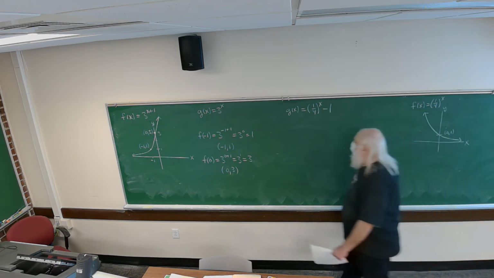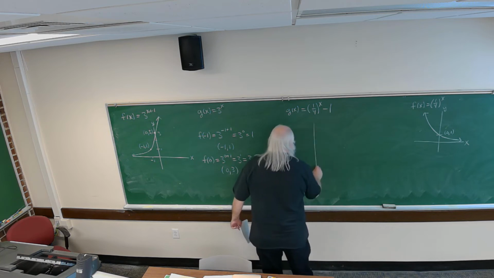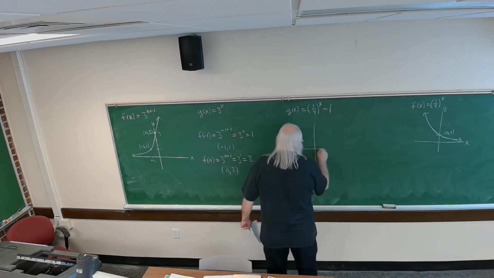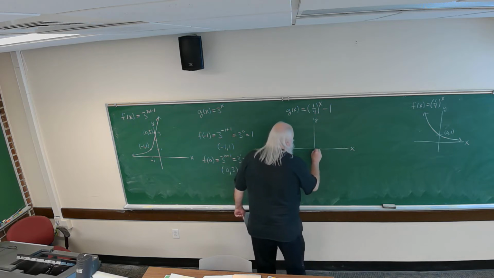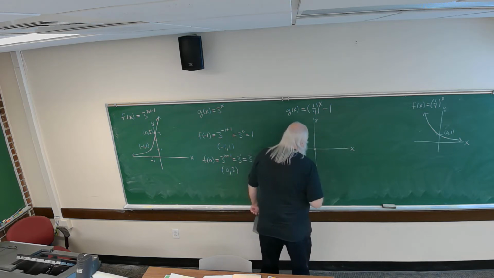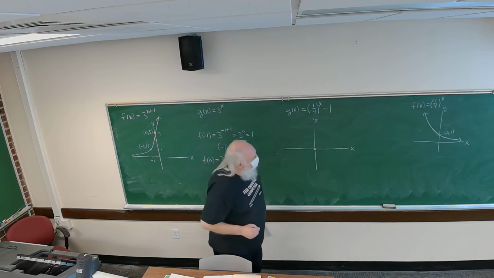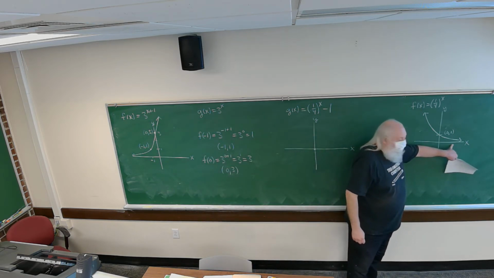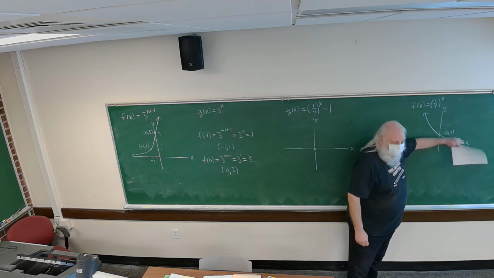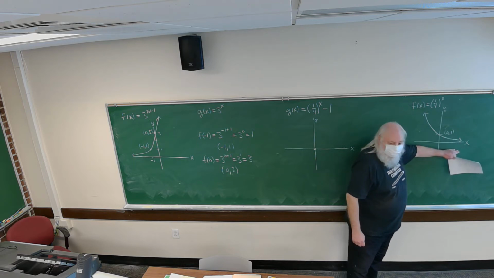So let's graph that. Horizontal asymptote, right? And now what else are we going to have? We're also going to have an x-intercept, because this graph is going to get shifted down below the x-axis.